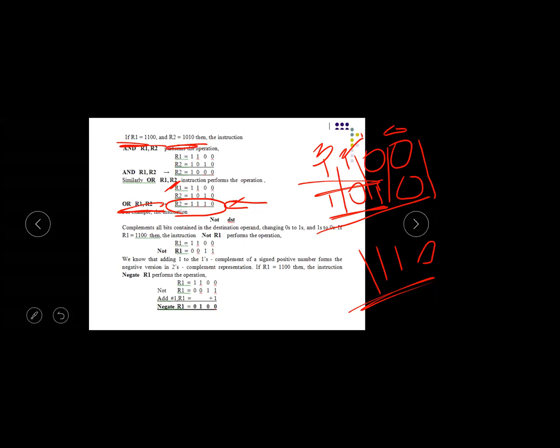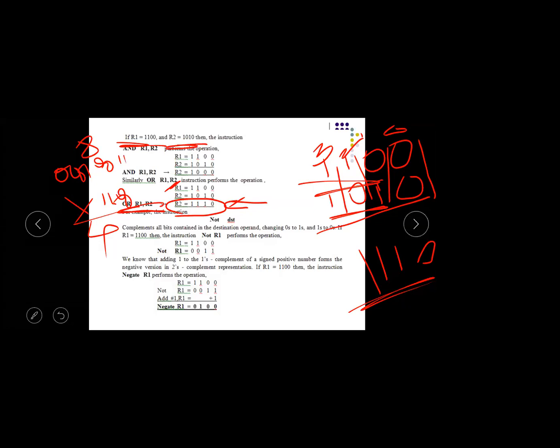R1 contains 8 bits, whereas the other contains only 4 bits. Then we cannot perform the AND operation or OR operation between these two registers. For these two registers we cannot perform any operation, AND or OR, like that.